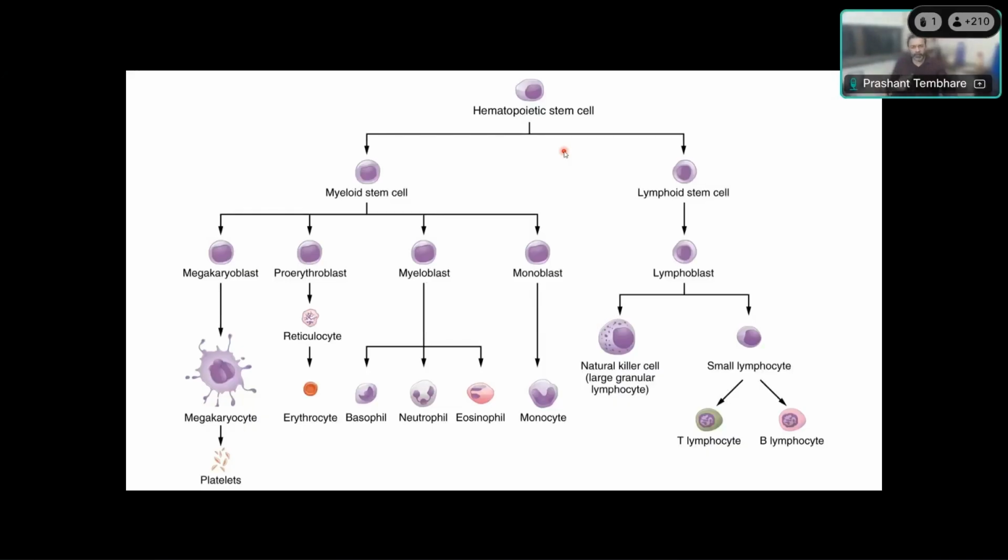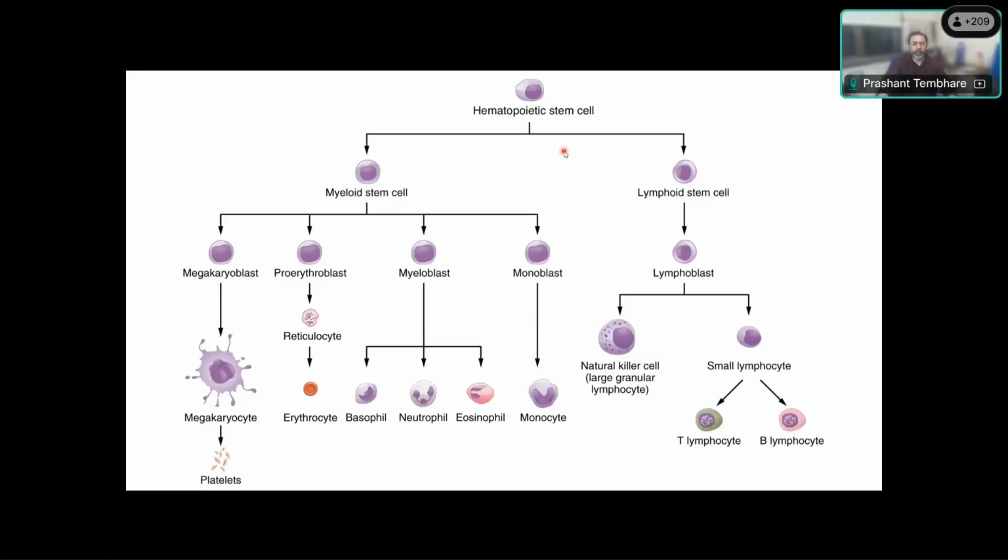For example, MPO is present in the granules inside the cell, so based on MPO, we know these are myeloids. Similarly, certain markers like TdT are present in the nucleus, so we identify immature lymphoid blasts because TdT is positive. So we can study and gate based on that.